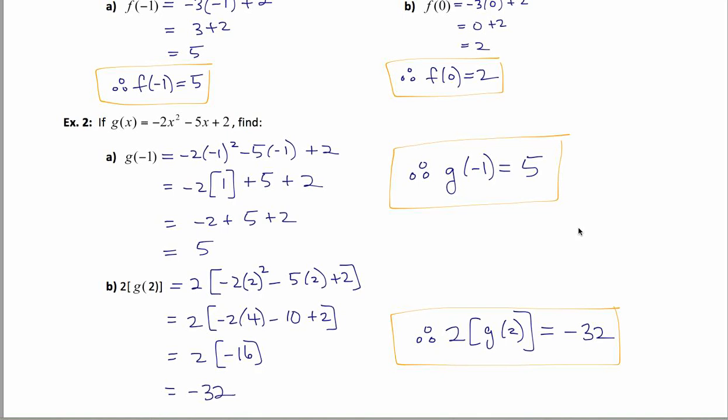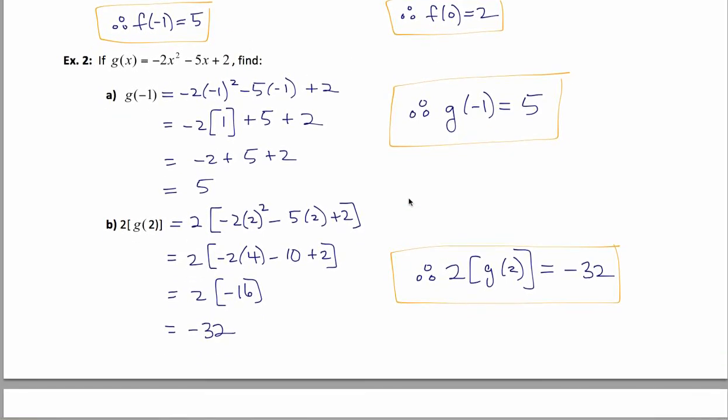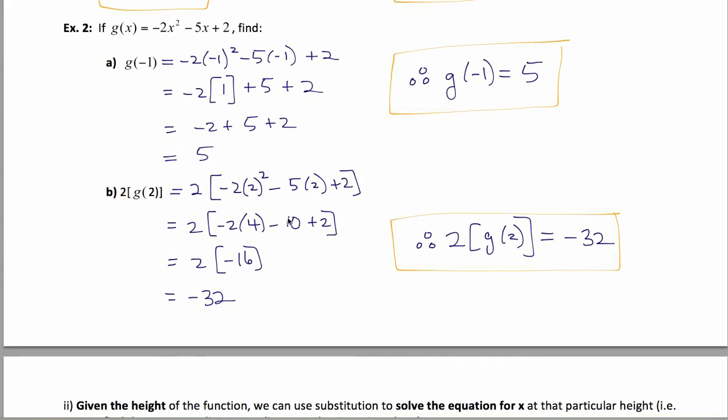This is a different function, but it has a shared point with the one we looked at a moment ago, f. We can perform all kinds of different operations using function notation. So if we want to know what is the height of g at an x value of 2, and then double that, we can say find 2 times g at 2.